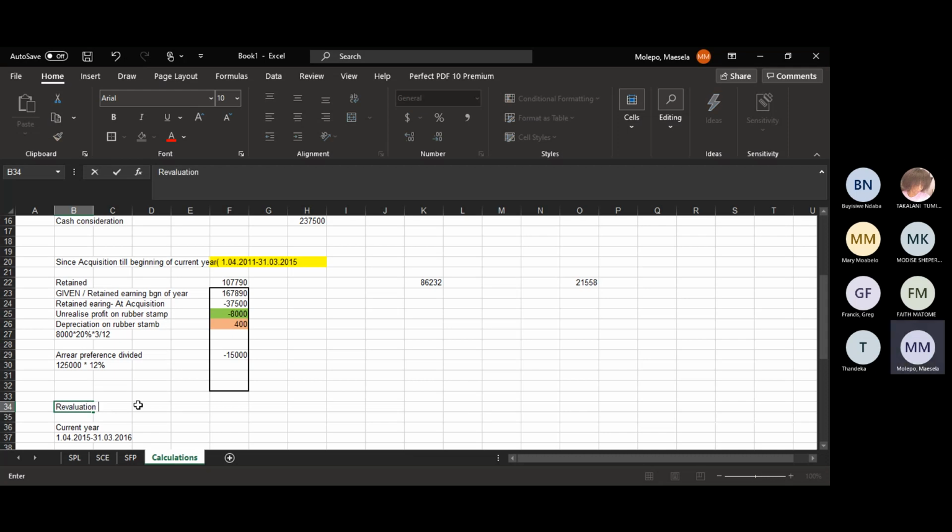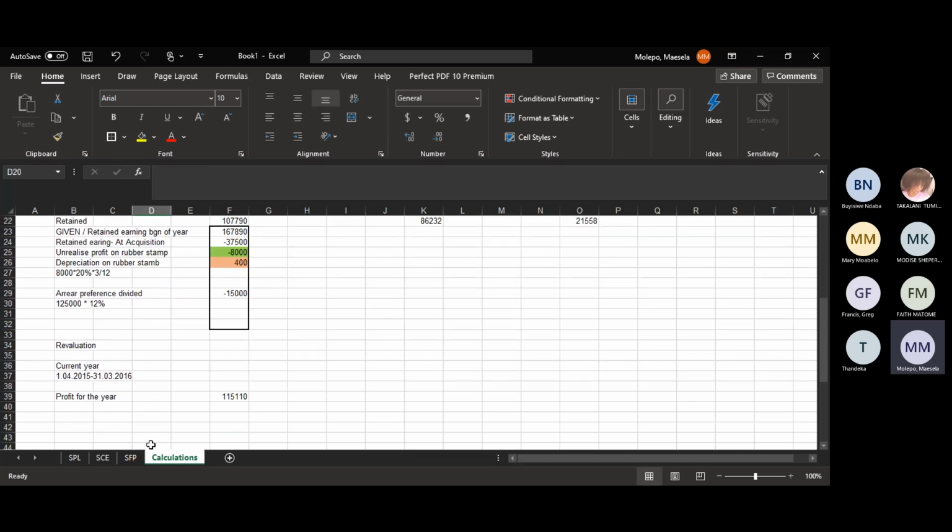But initially, if we were not having this beginning date here, we were going to record the revaluation here because it happened at the beginning of the current year. So anything that happened from the 2nd of April until the end will be recorded here.